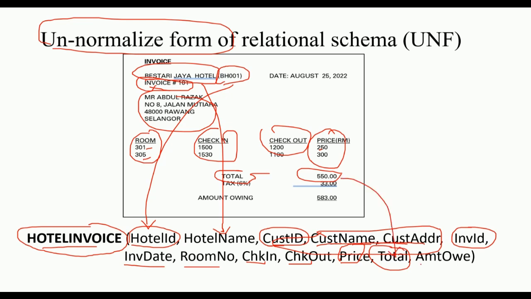And the amount owing, it is here. So all of the data here are put under one relation. We call it hotel invoice or just invoice. All the attributes are for this relation, hotel invoice. As I said, relation, table, file, entity, these are all the same thing. They have different names, but the same concept.